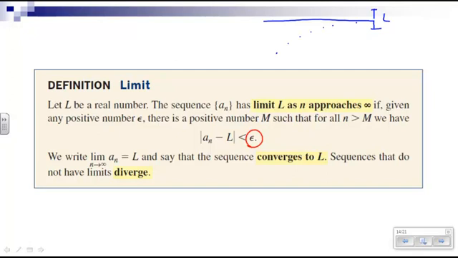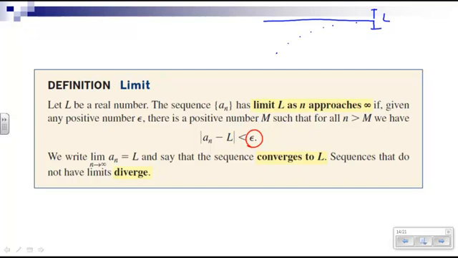Now, does the sequence actually reach 0? No, it gets closer and closer. But if you said, Charlie, you have to get within 100th of 0. Let's see. I was at 1/4. That's not far enough. 1/8 is the next one. That's not within 100th. 16th?